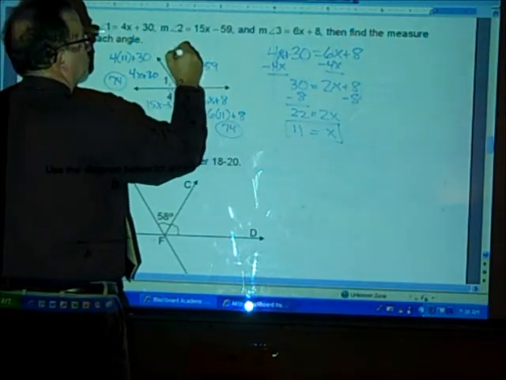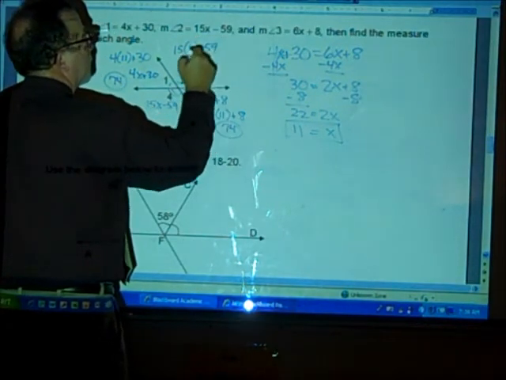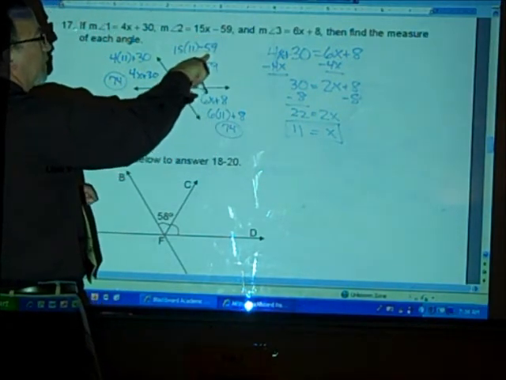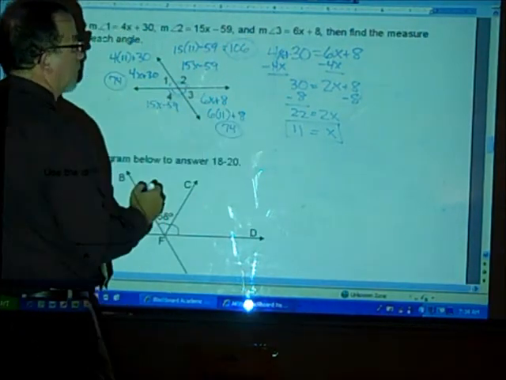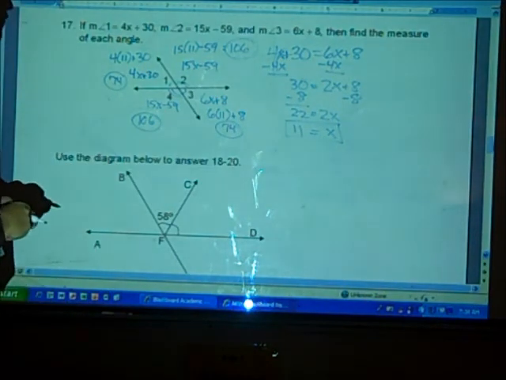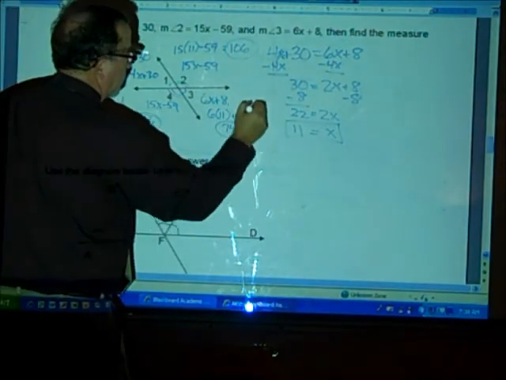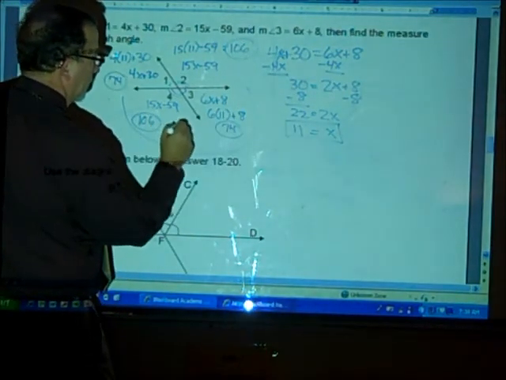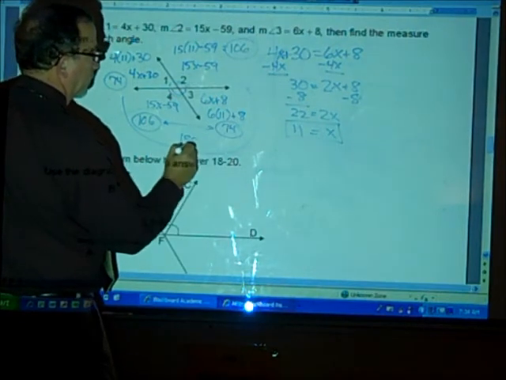Plug this in up here, so 15 times 11 minus 59. 165 minus 59 equals 106. And we know this one down here is the same. We also know that since this is a straight line, these two have to add up to 180. And if we add these two together, we do get 180, so that's a good check.